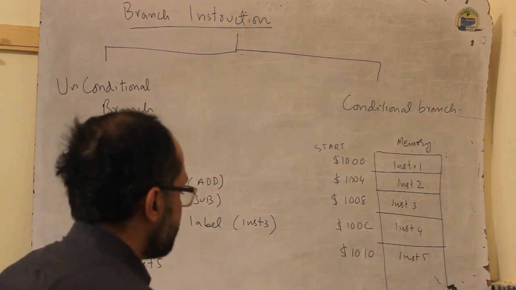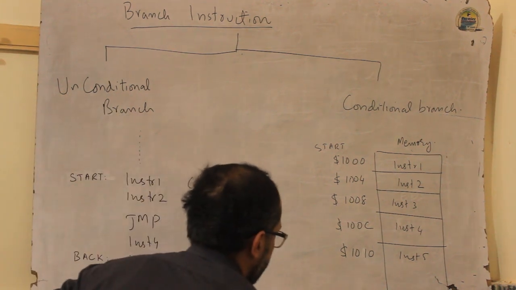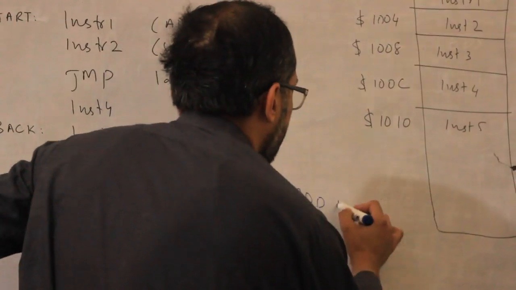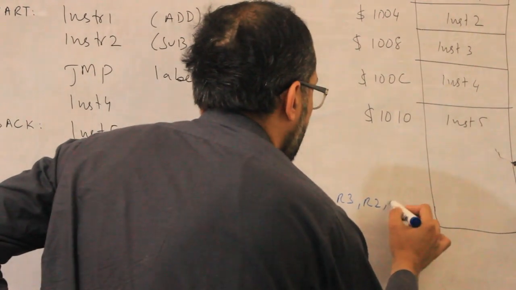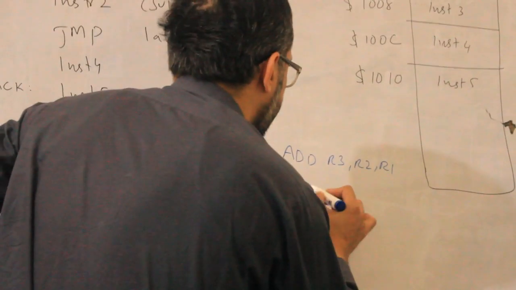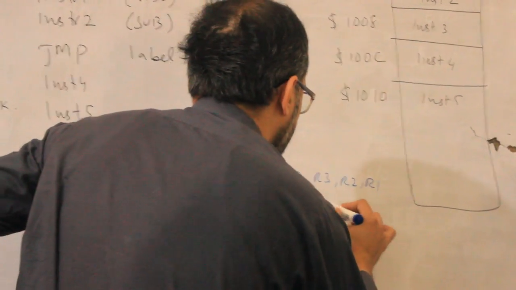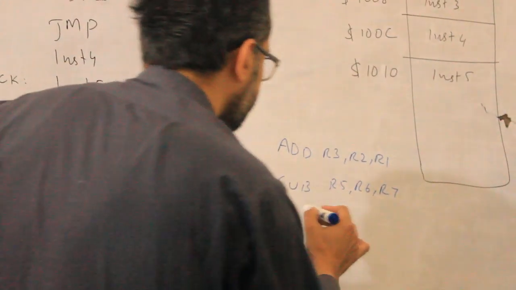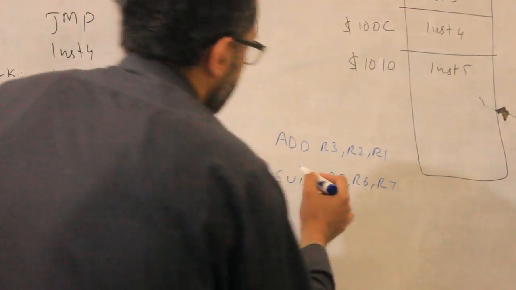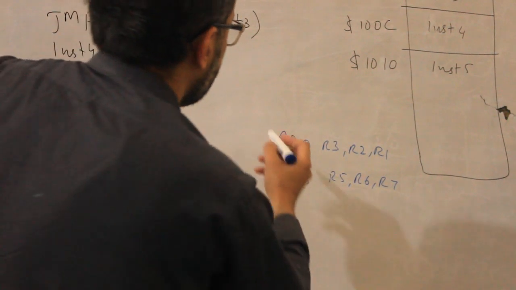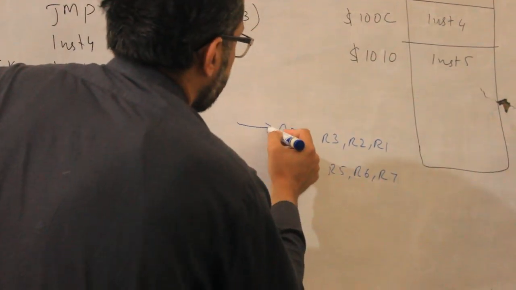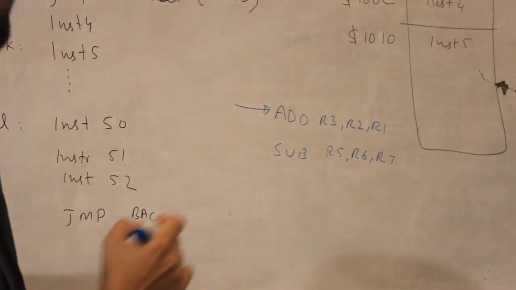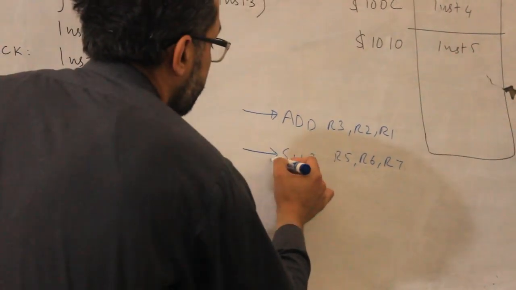Let's assume that there are microprocessor instructions like add R3, R2, R1, subtract R5, R6, R7, and so this is a sequential instruction. So when the microprocessor executes this instruction, the next instruction that has to be executed is this instruction.